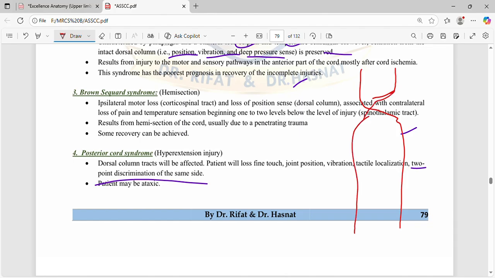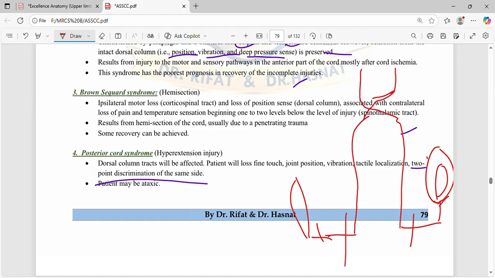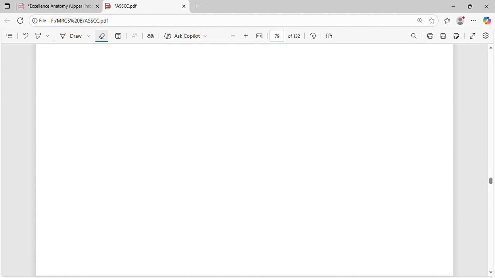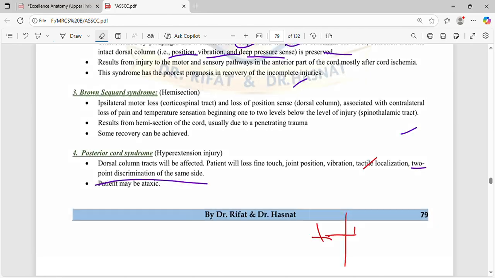Let's suppose they are supplying a muscle here. If this injury occurs, this same side will be affected. Same here, muscle here, cut, same side will be affected. So the corticospinal tract and the dorsal column medial lemniscal pathway have the same side of presentation as in Brown-Sequard syndrome. But the spinothalamic tract, the anterolateral system, decussates after 2-3 levels.